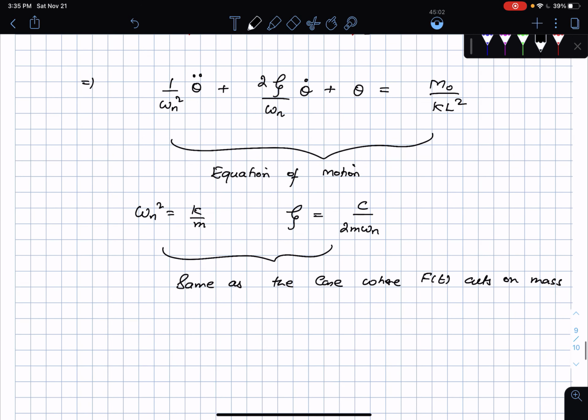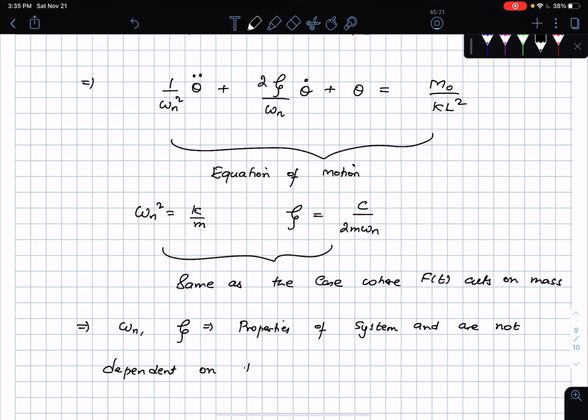These are not dependent on the applied forces. So which tells you that omega n and zeta are properties of the system and are not dependent on the applied loads.